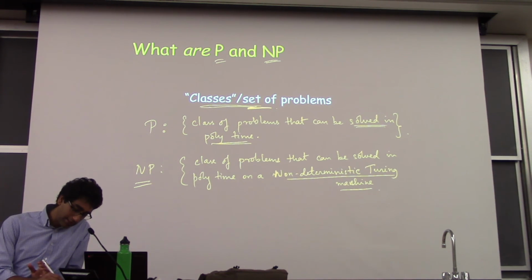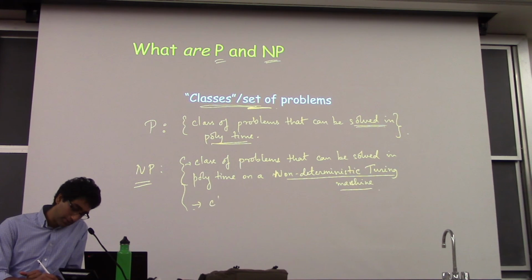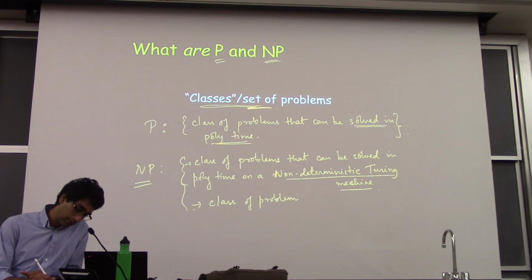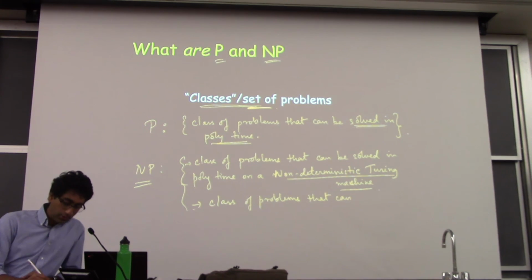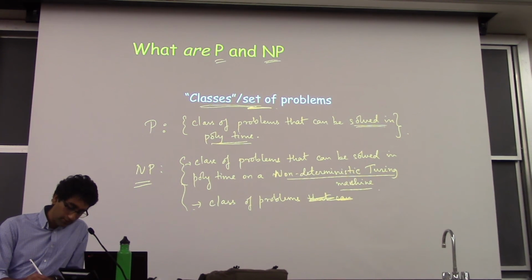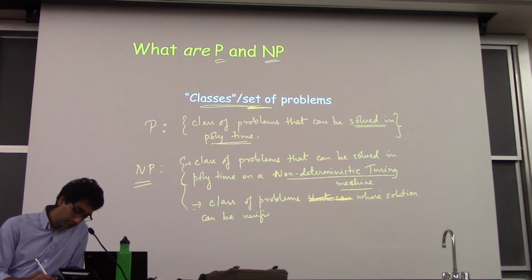But an alternate way of defining this class is just by saying the class of problems that can be verified in polynomial time, whose solution can be verified in poly time.